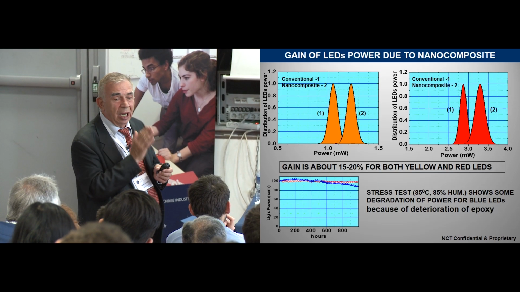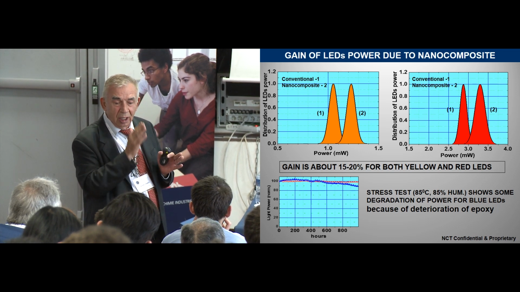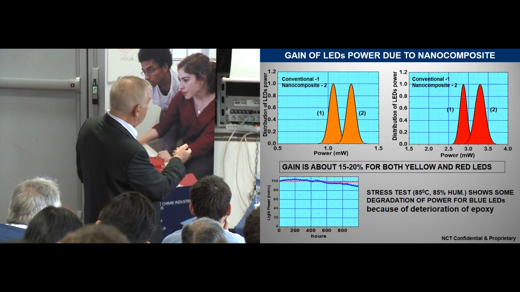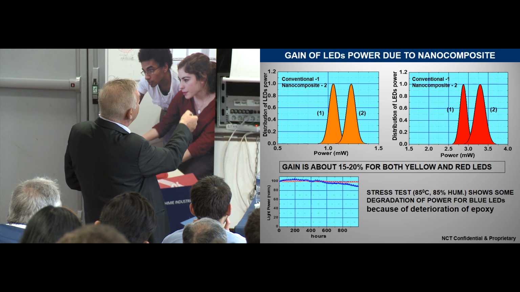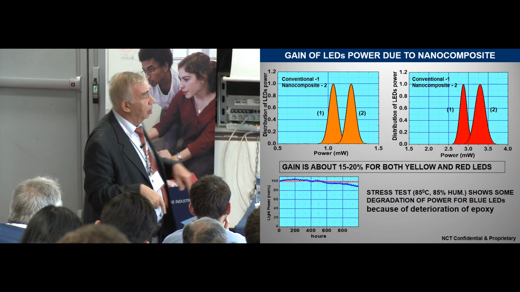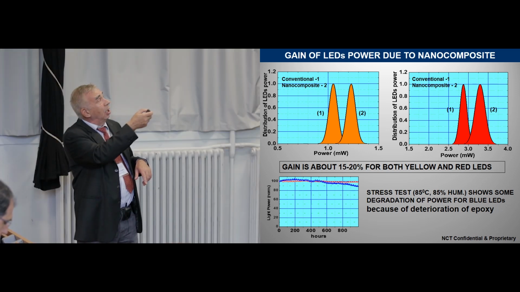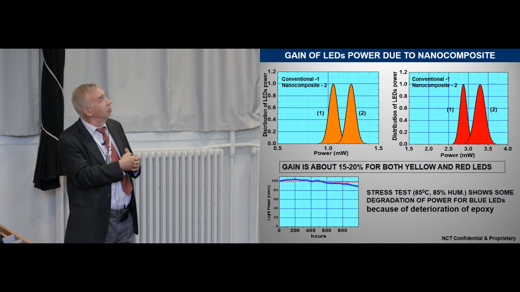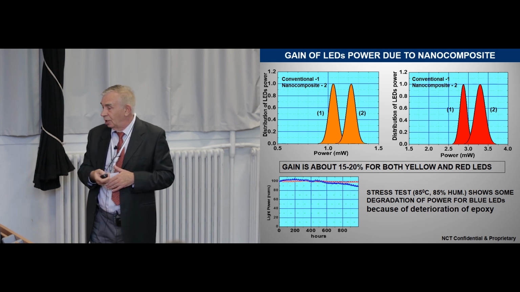LEDs have some scattering of power, just statistical scattering. So 10 LED lamps were taken and measured, and the bars here were fitted with a Gaussian. The same was done for LEDs filled with conventional epoxy, and on the right side, the nanocomposite.